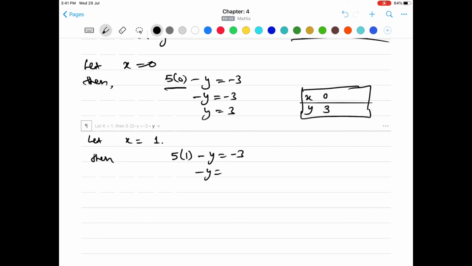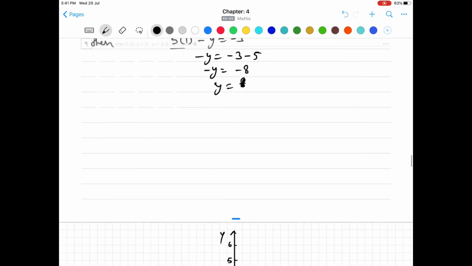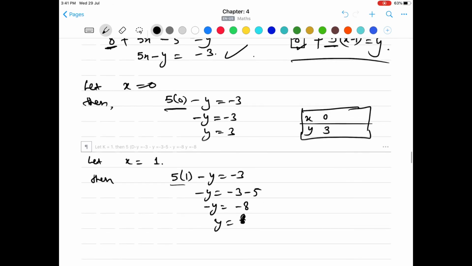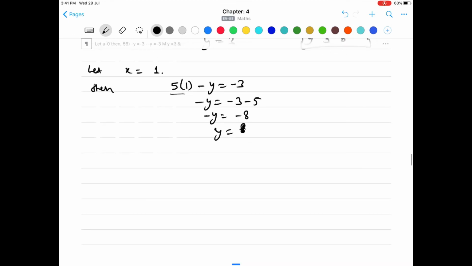So this will be minus 3, and this 5 into 1 will be plus 5 and will be changed to minus 5. Okay, so y will be equals to minus 8, or y is equal to 8. So after taking x equals 1, y is 8.